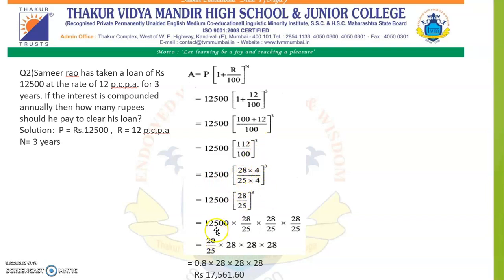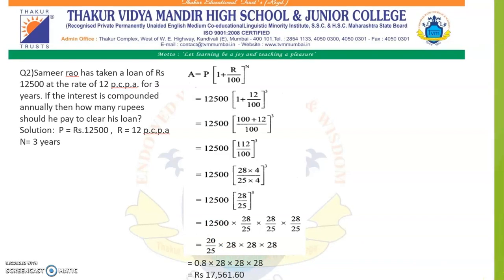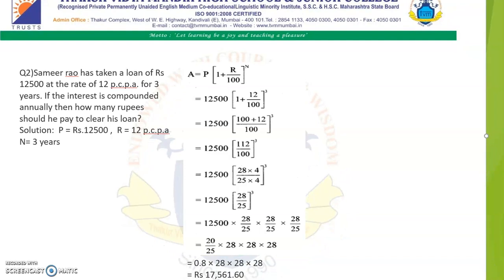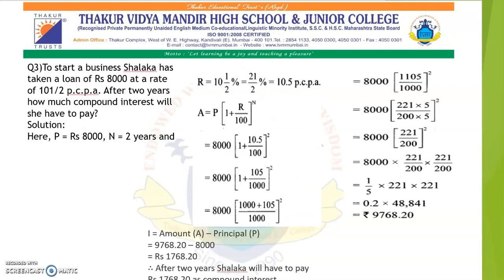We get 20 upon 25 into 28 into 28 into 28 equal to rupees 17,561.60. So Samira Rao will pay 17,561.60 to clear the loan.